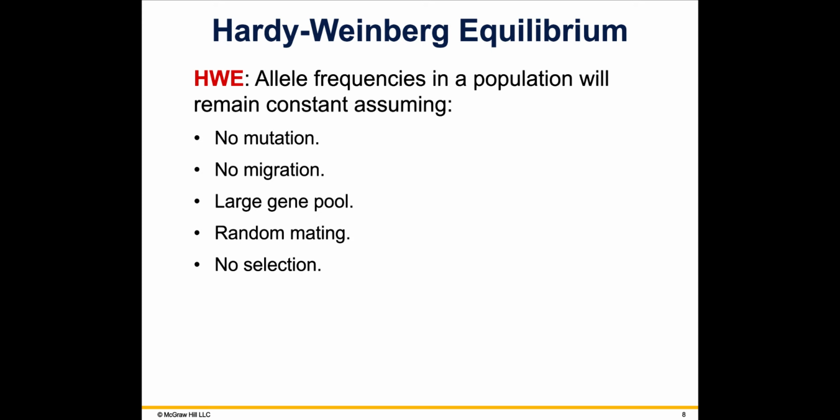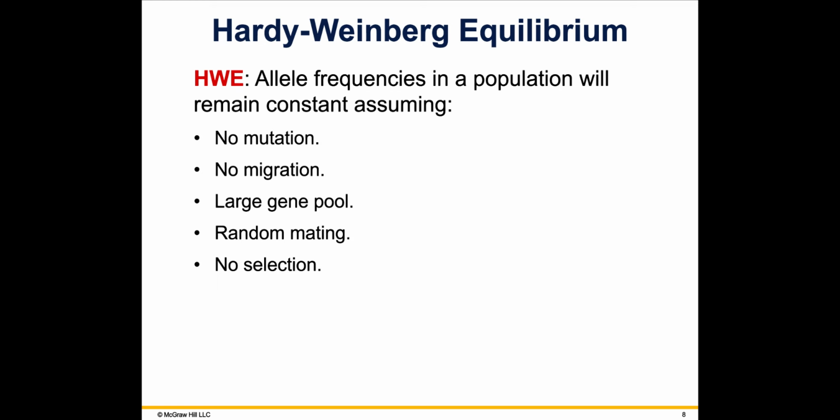If you chose your mate, then you would be selecting certain genes to be better than others, and we cannot have that. And then there's no natural selection when we assume Hardy-Weinberg equilibrium. If nature is choosing better phenotypes and therefore genotypes, there would be change, and we cannot have that.